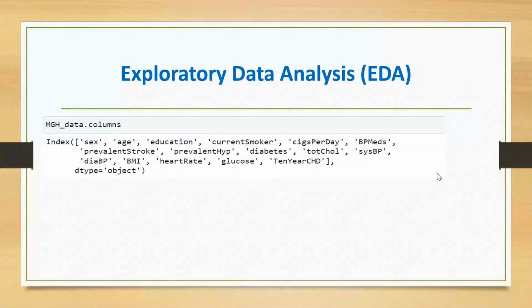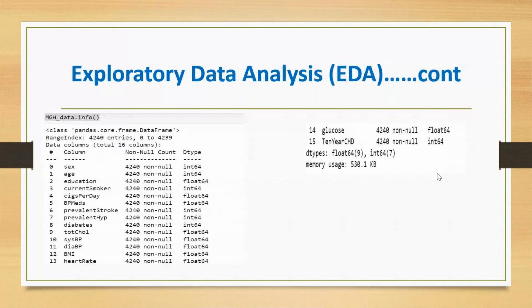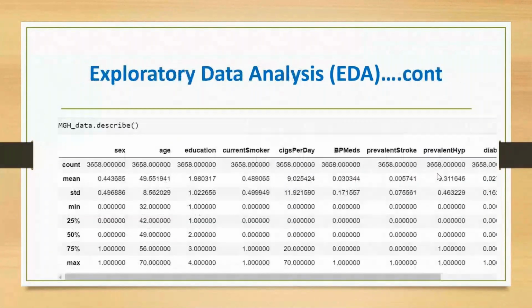So then we moved on to exploratory data analysis, and these were the columns, generally, everything. And we moved ahead to just see the data types, just info about the data, just familiarizing with the data that we're dealing with, to understand the mean, standard deviation, the minimum, the maximum, the distribution, lower percentile, median, and that.